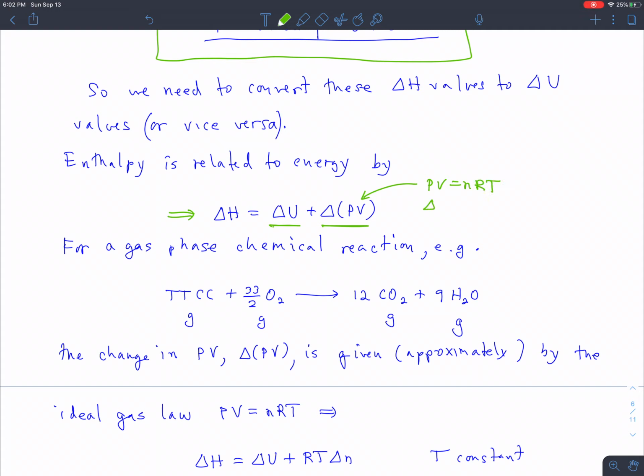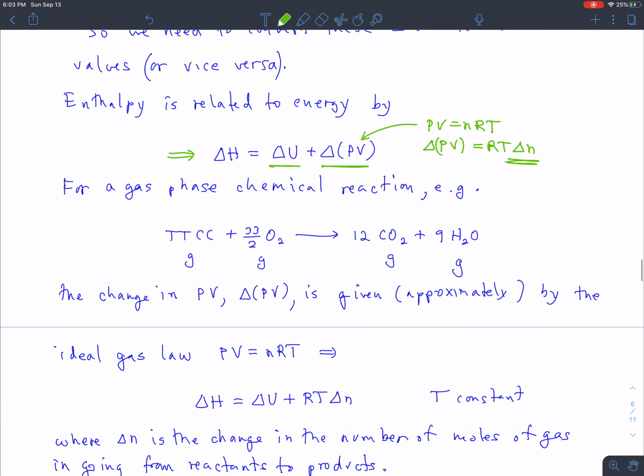Sorry, the other way around. For a constant temperature process, delta PV is RT times delta N, where delta N is the change in number of gas molecules or gas moles that took place during the course of the chemical reaction.